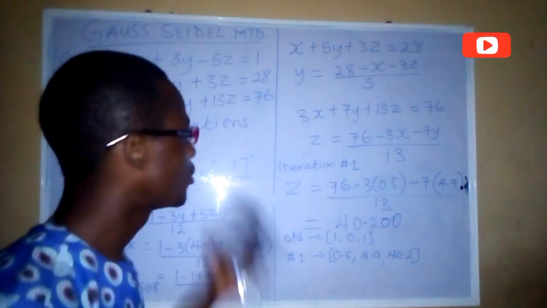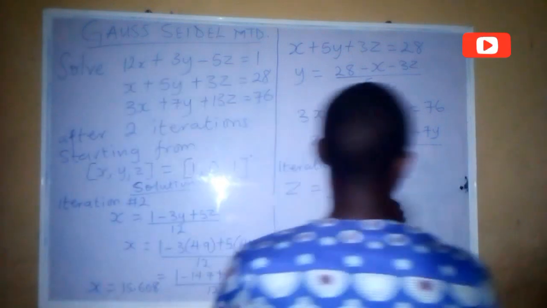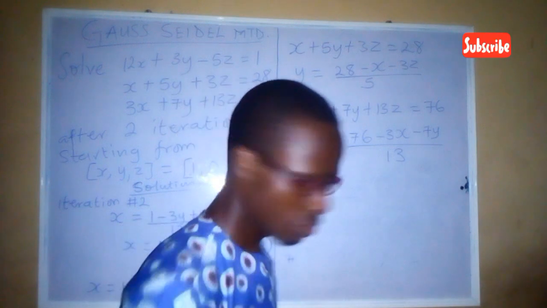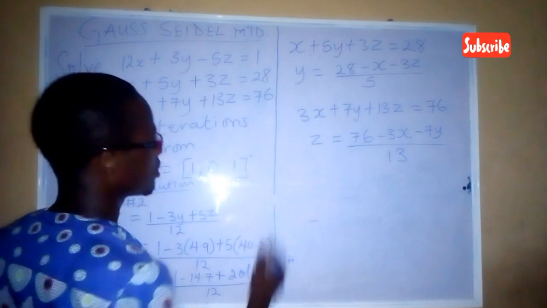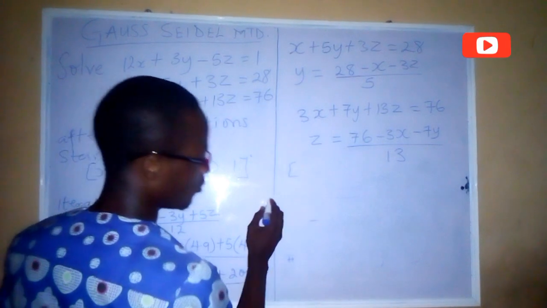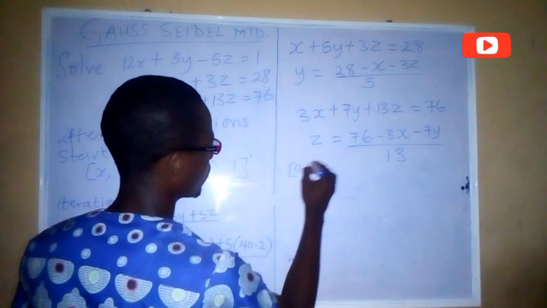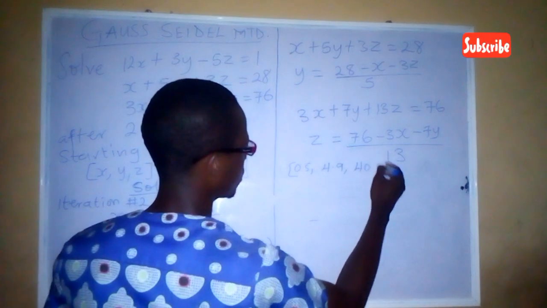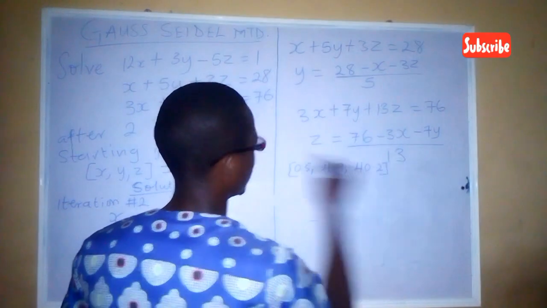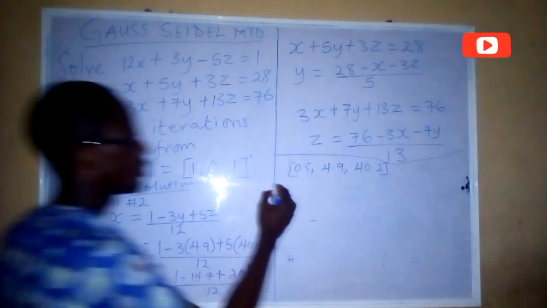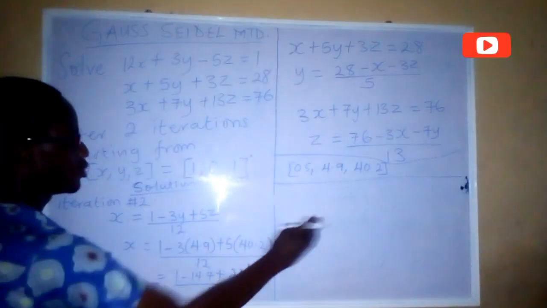So then we go to the value of y and z. Sorry, I have to rewrite this. So I have the first iteration values to be 0.5, 4.9, then 40.2. Sorry, permit me to do that. So we go to the value of y.